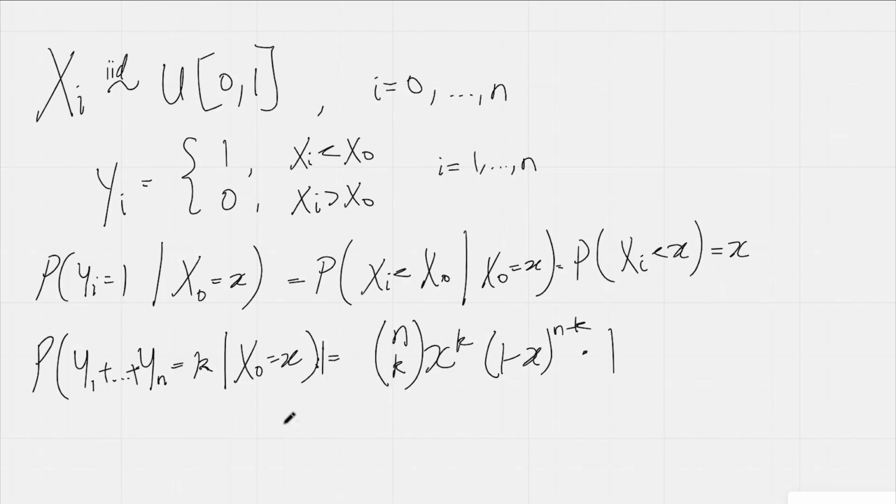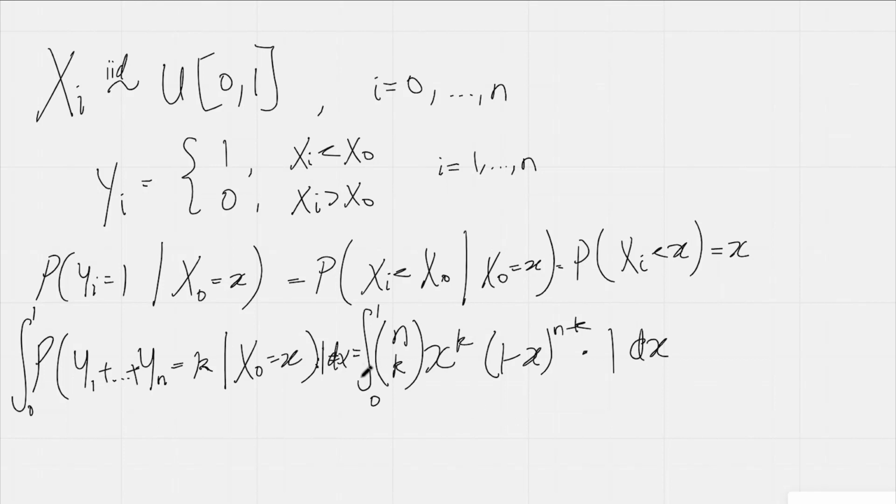I'm going to now integrate both sides with respect to x. So if I integrate this side between 0 and 1 dx, I now get essentially the thing I'm trying to work out with this factor of n choose k, but I can bring that out in a moment. And what is this left-hand side if I integrate it between 0 and 1 dx there? Well, let's think about this. This is a conditional probability.